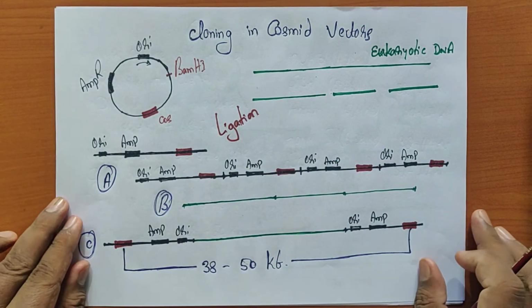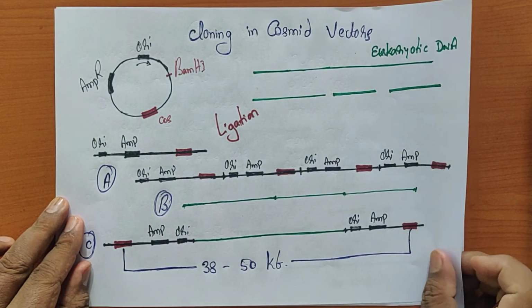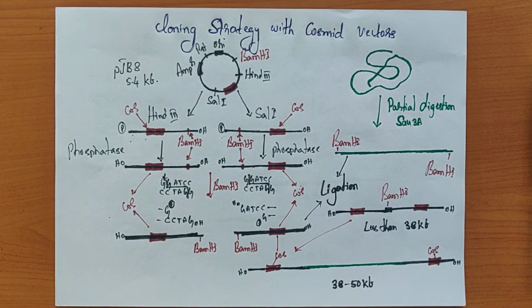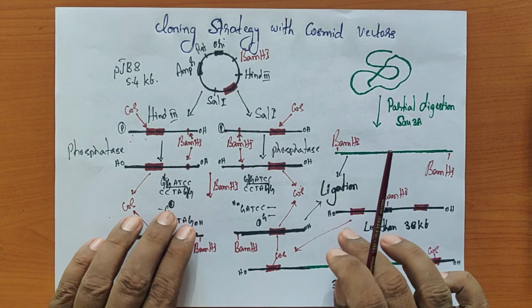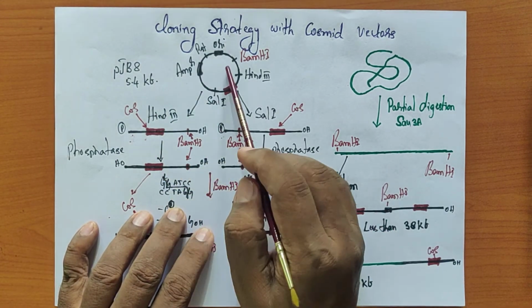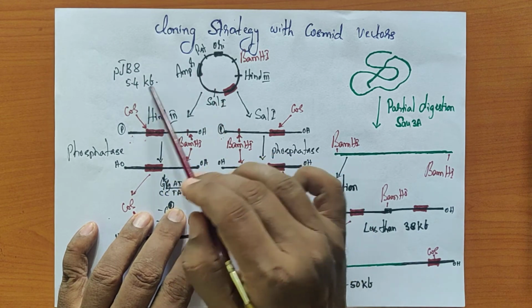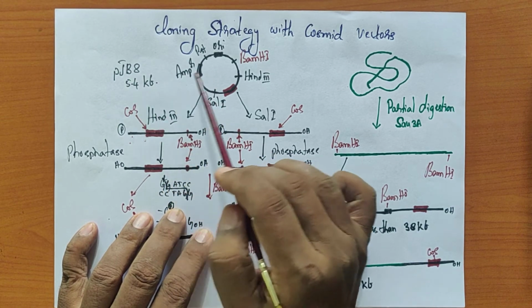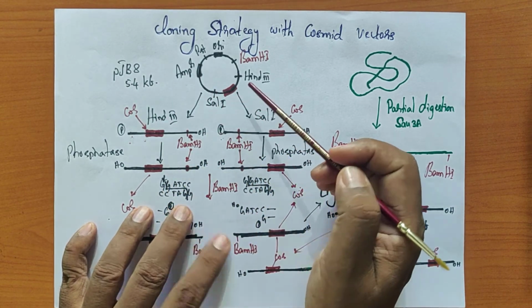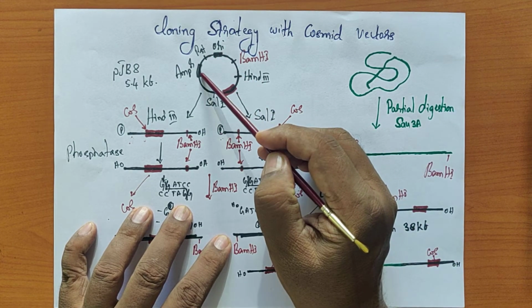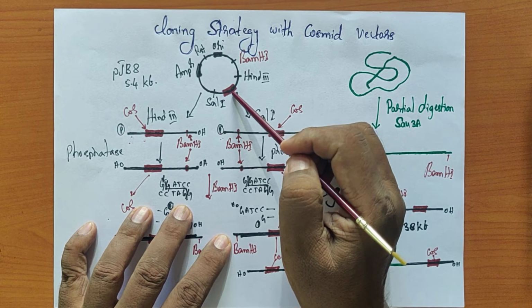Now we will study the ligation using an actual cosmid vector. We have used the cosmid vector pJB8. The size of this cosmid vector is 5.4 kilobase, and it is circular. As I told you, this is an origin of replication, there is an ampicillin resistant gene, and there is a cos site.